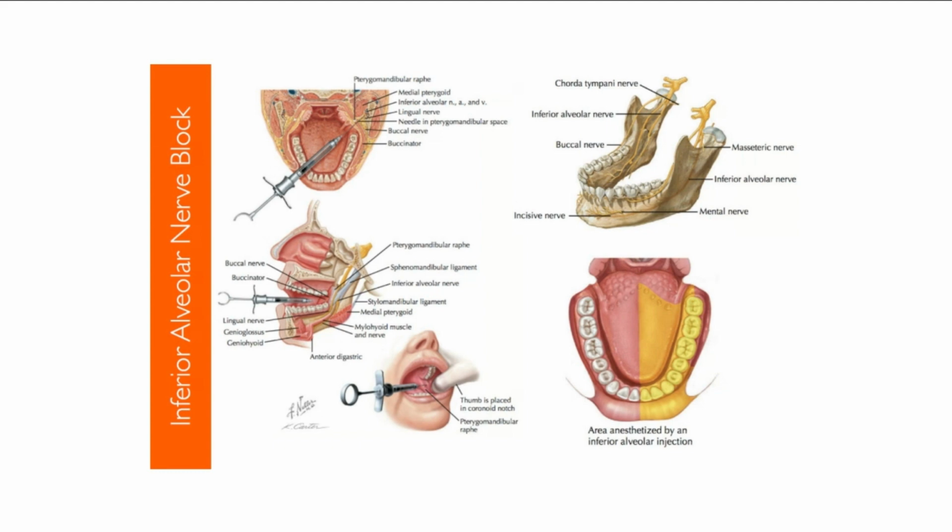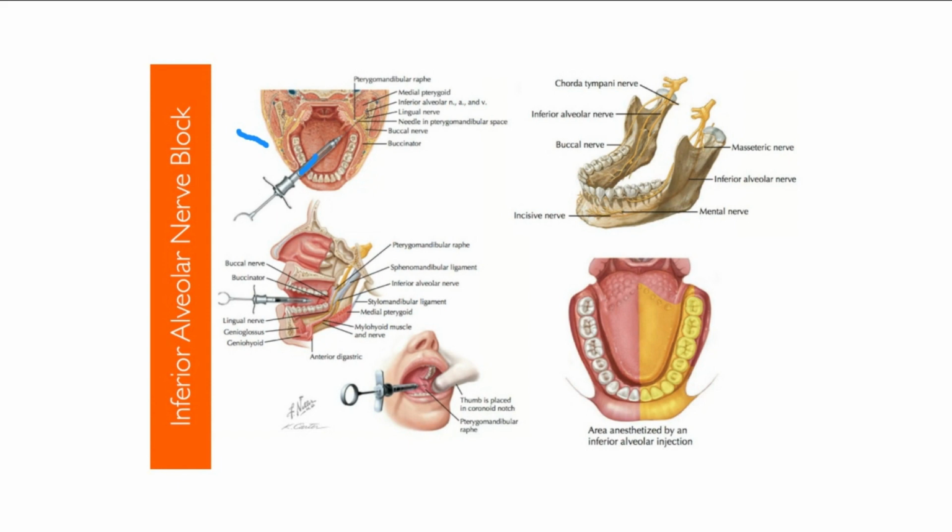When you do this, you're going to target, look at this picture, you're entering here, second premolar, and you go in this angle. You already decided the point, which is in between the middle of the tip of your thumb and the middle of the pterygomandibular raphe.